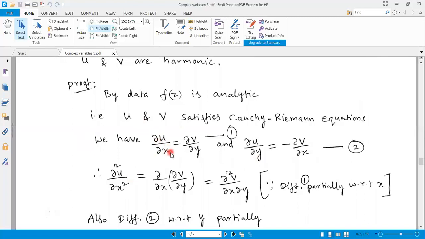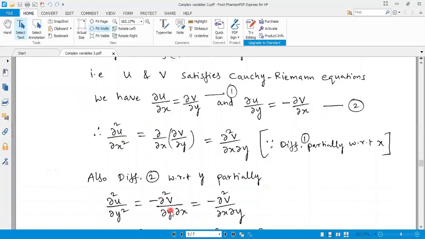First differentiate equation 1 with respect to x. So we get dou square u by dou x square equals dou square v by dou x dou y. Now differentiate equation 2 with respect to y. So dou square u by dou y square equals minus dou square v by dou y dou x.